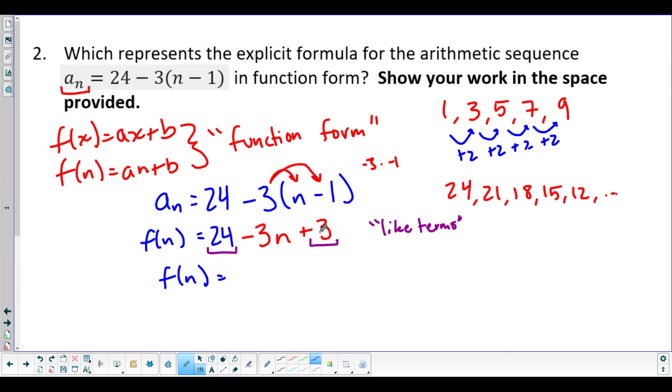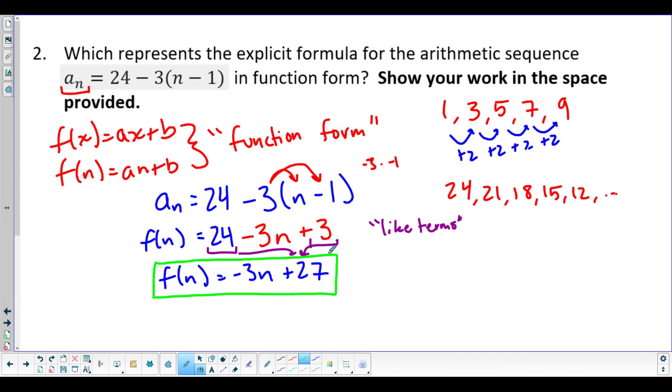And so what I'm left with is negative 3n plus 27, which I got from combining these two here. And guess what? This is the form we want. This is our general function form, and that's how you solve the problem.